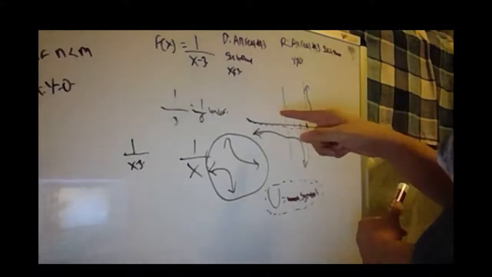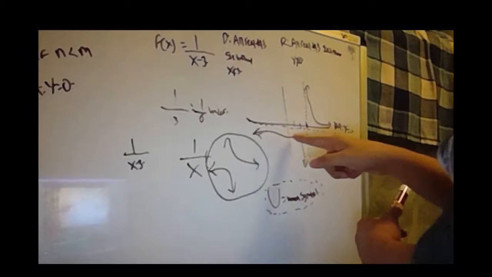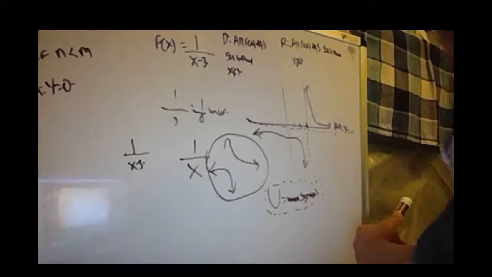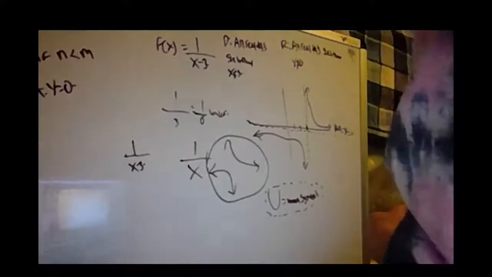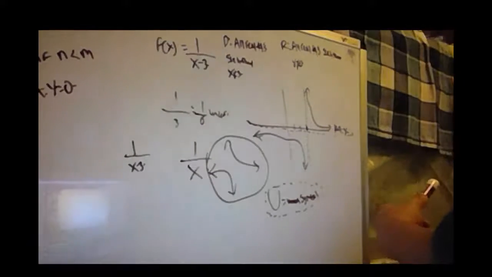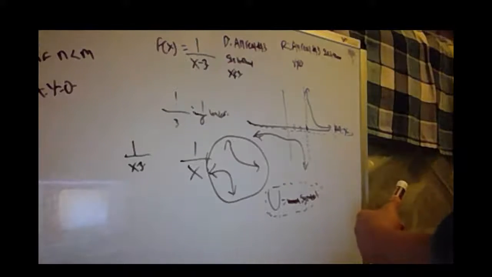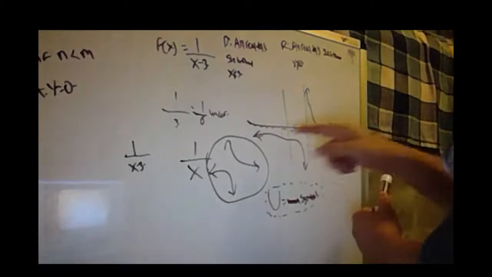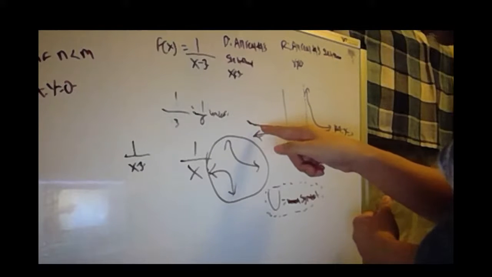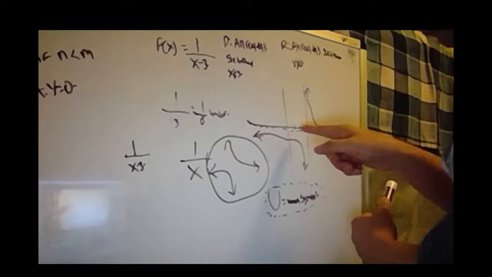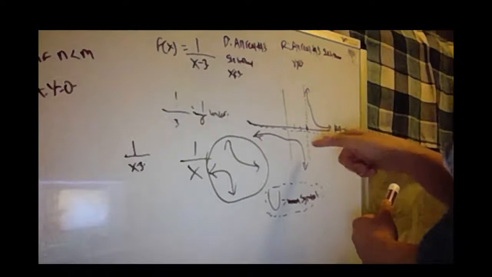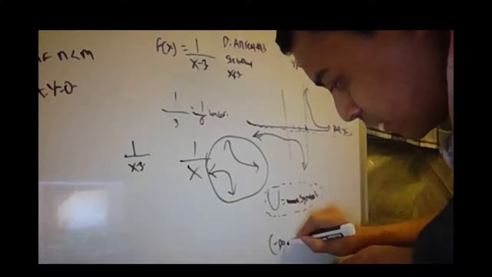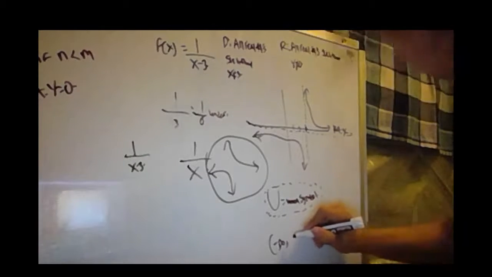If you look at the domain of this function, we're looking at the x-axis from negative infinity to positive 3, but we're not including positive 3, right?